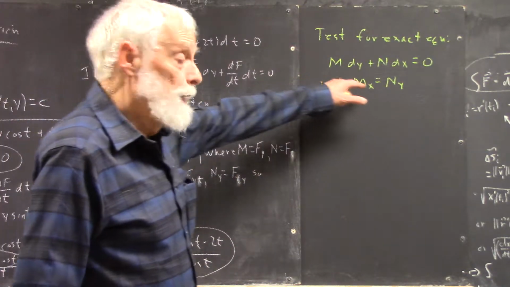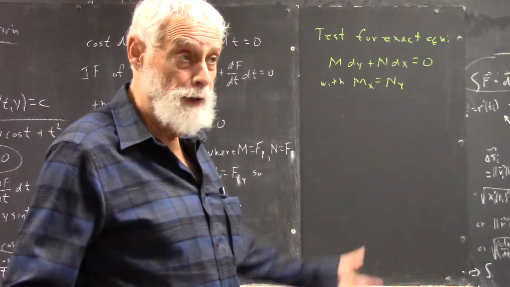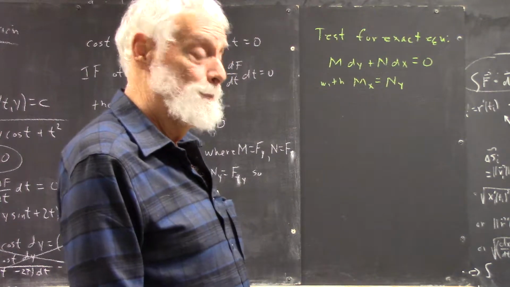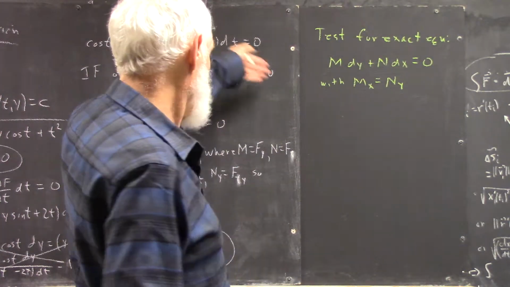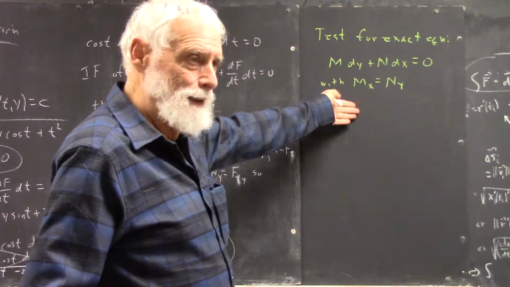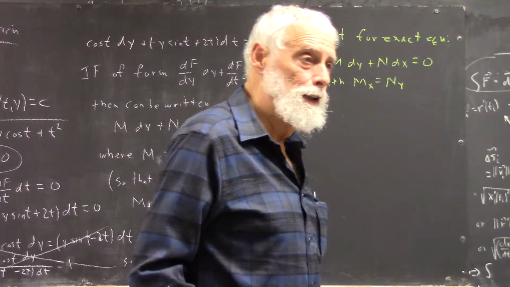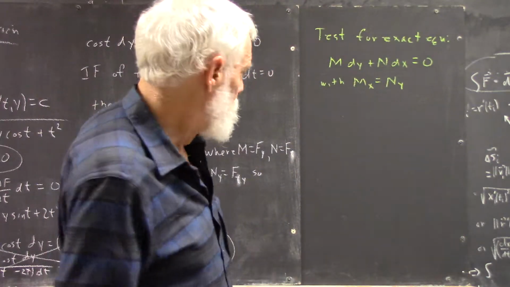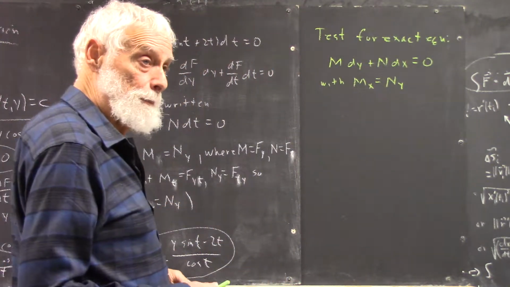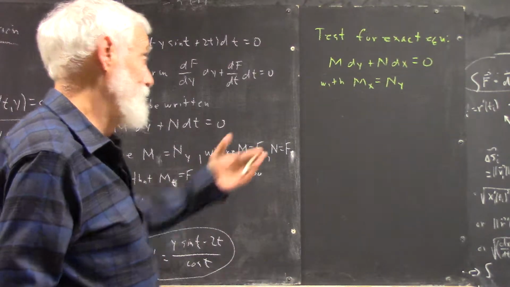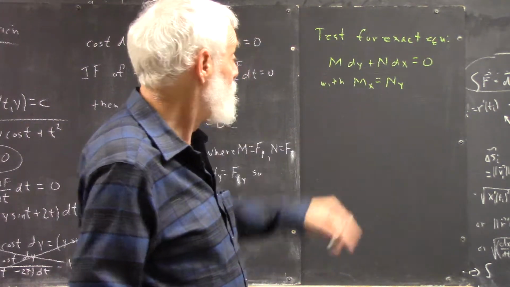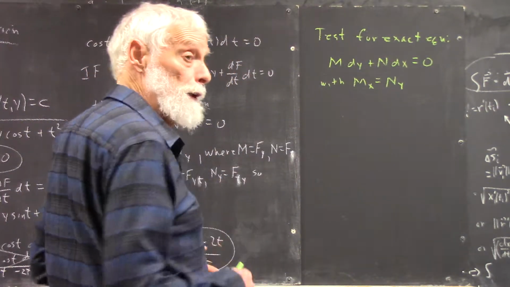Now over here I'm using x instead of t, but you're going to see it both ways and that shouldn't hurt you. You can reason it out using x instead of t and you get the same test. And since I wrote it in terms of dy and dx, which I think is the way your book does it. But there's no reason it couldn't be written using t instead of x. Okay, so anyhow, you got this, right?